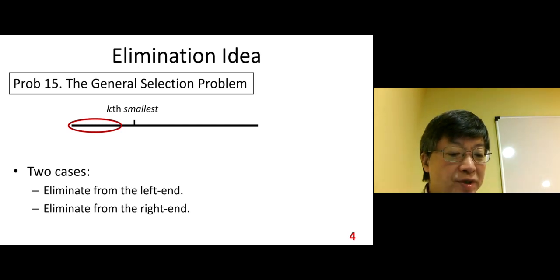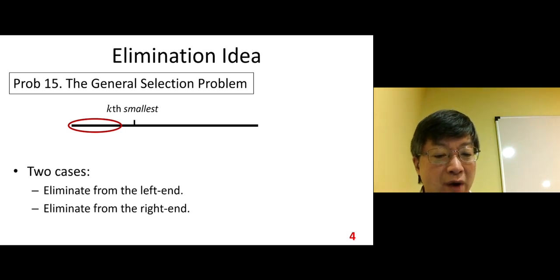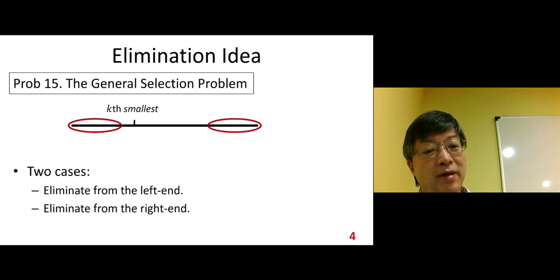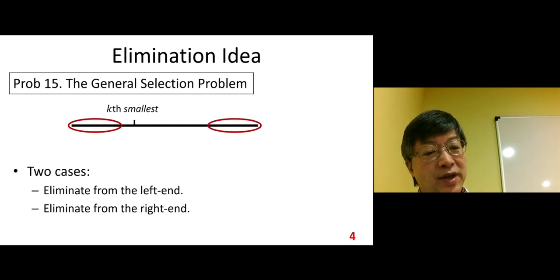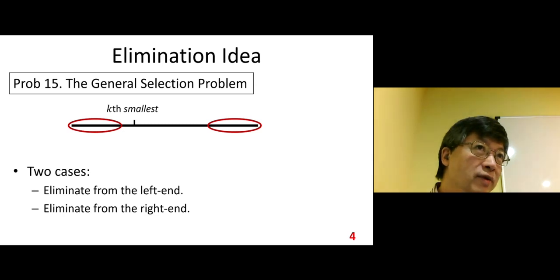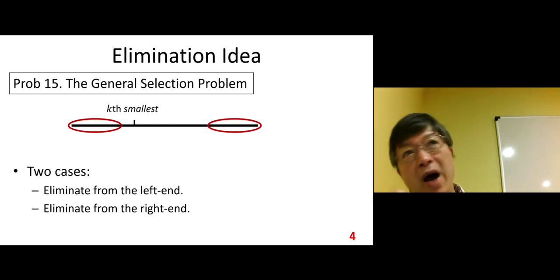And sometimes you need to do elimination from the right end, because you drop the right subarray. So these two cases: from the left end and from the right end.